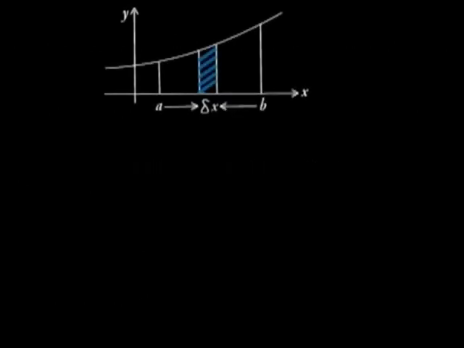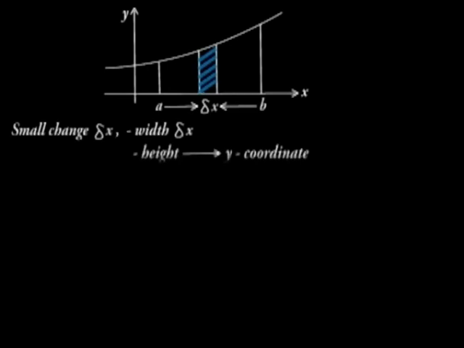Definite integration. Consider the figure below. The area under a curve was estimated using the trapezium rule before. For a small value delta x, the trapezium may be approximated to be a rectangle with width delta x and height the y coordinate.